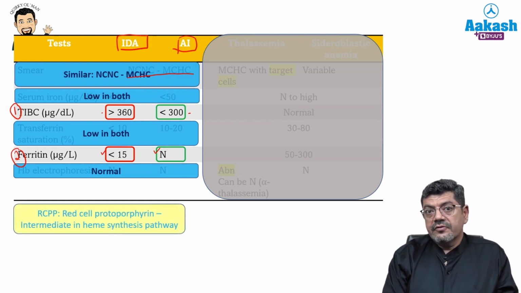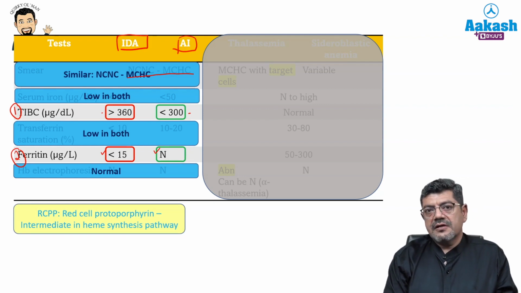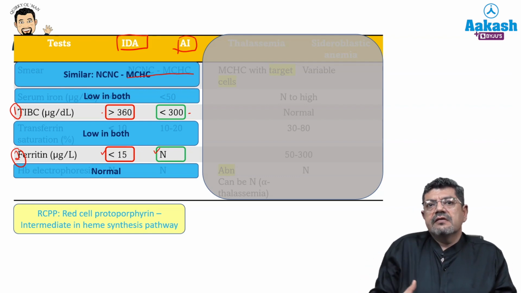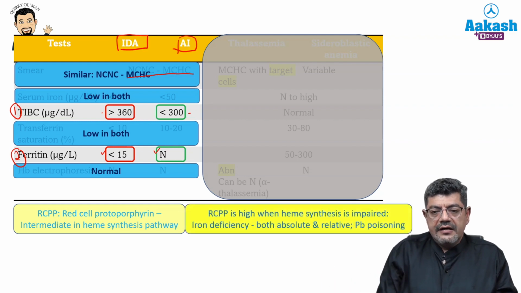Red cell protoporphyrin. You might get a question on red cell protoporphyrin. It is one of the intermediates in the heme synthesis pathway. You have probably read about this when you have read porphyria. So its levels will be elevated wherever there is a heme synthesis abnormality, right? So iron deficiency of both types, absolute and relative. You understand absolute iron deficiency.